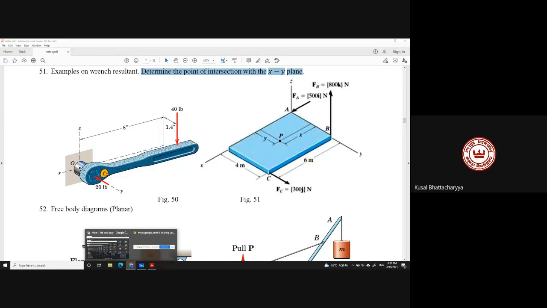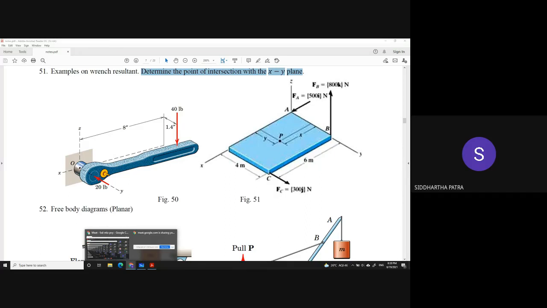Sir, I did not get it. Can you please? Yeah, instead of trying to get the resultant force system first at A, let's say, and then trying to find out P, where you would have the wrench resultant, you can instead try to get the equivalent force system about point P. But you do not know the position vector of P. You can let that be an unknown.